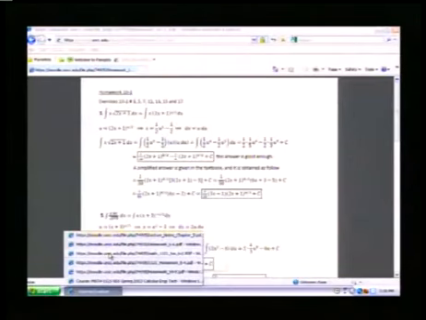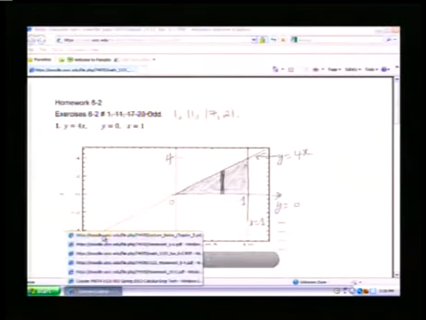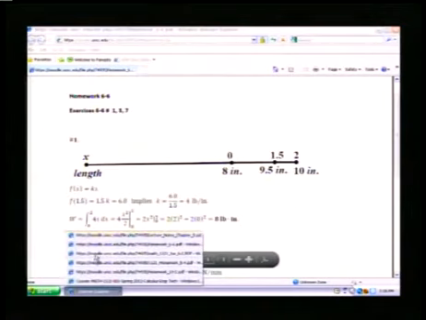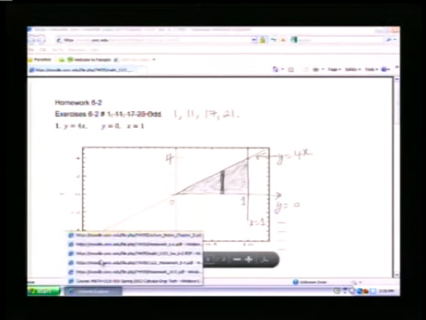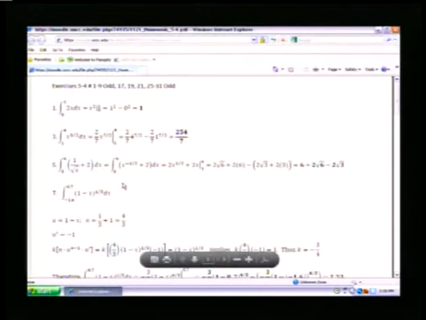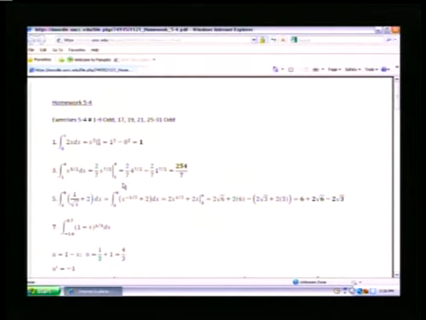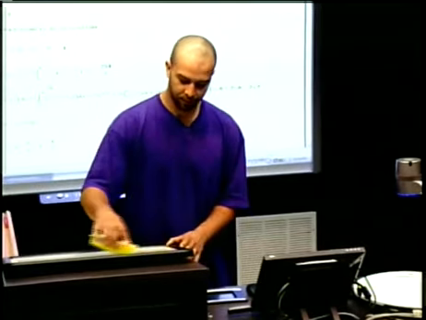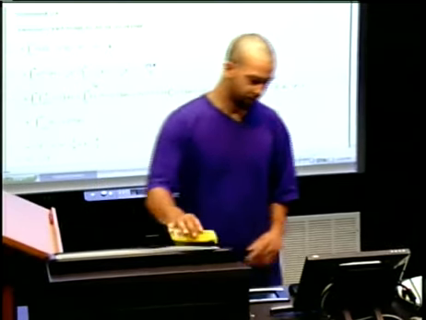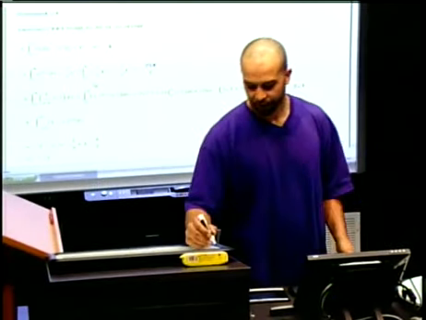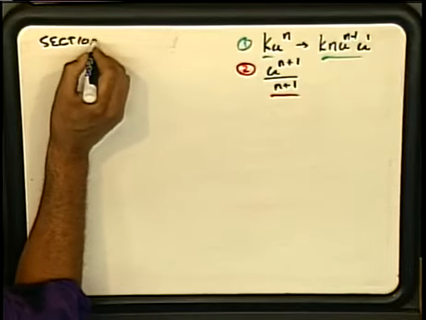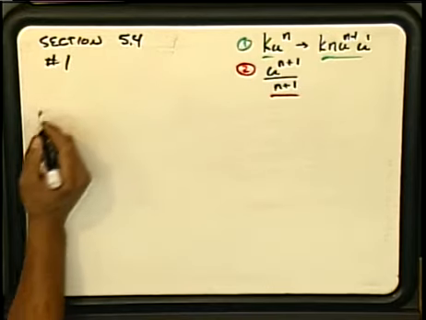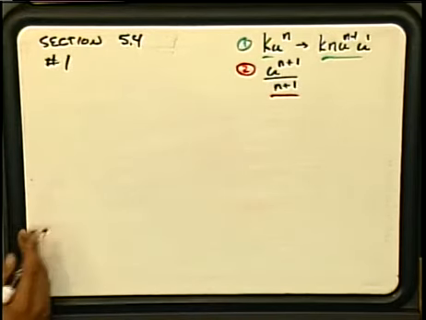Moving on to section 5.4. Section 5.4. Number 1, definite integrals.